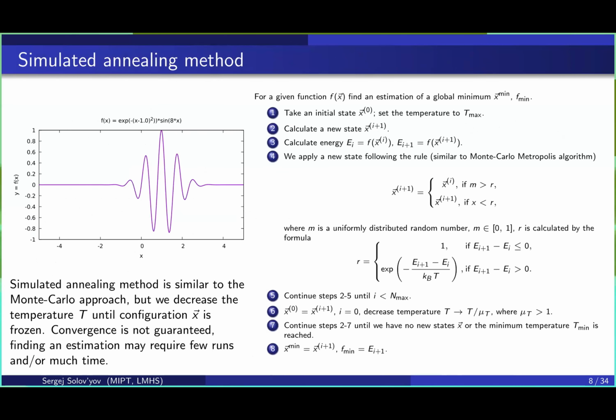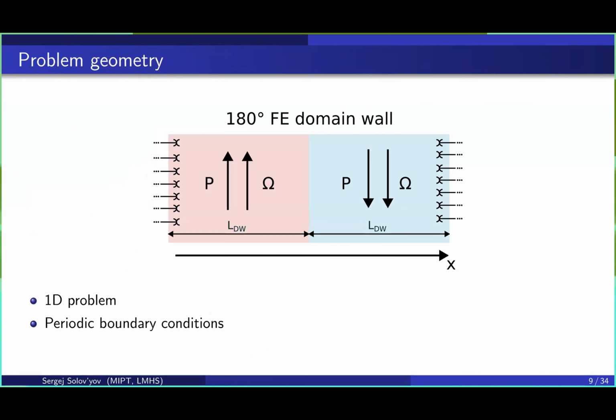The global optimization method allows us to find a global minimum of some function. The function we consider is a thermodynamic potential, which was on the previous slide, and it allows us to calculate a spatial distribution of the antiferromagnetic vector, the Néel vector, in space for a periodic ferroelectric domain configuration.